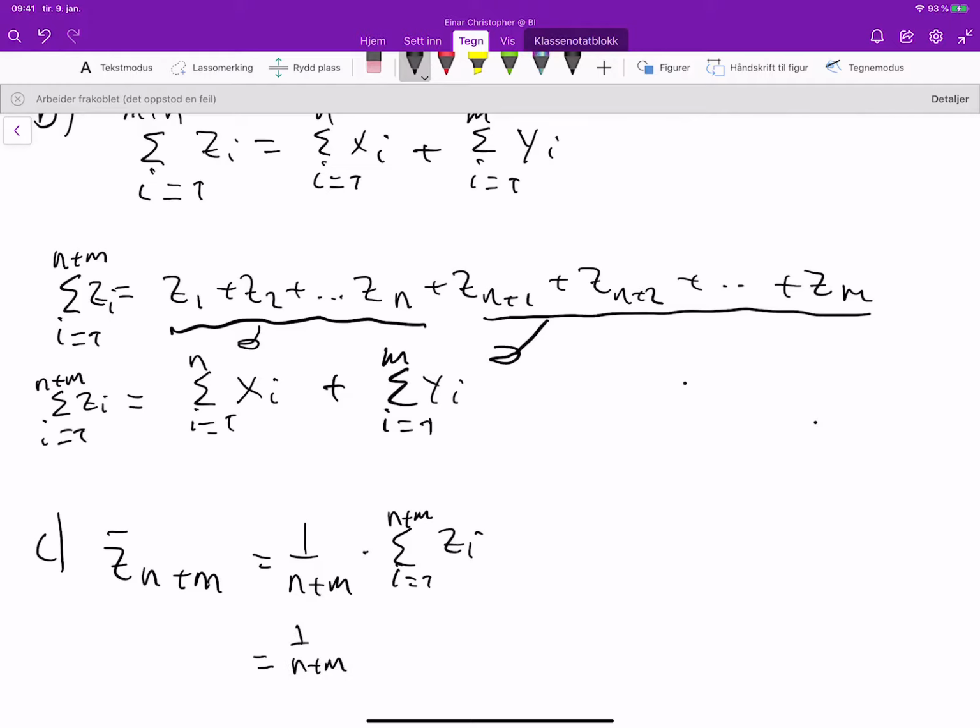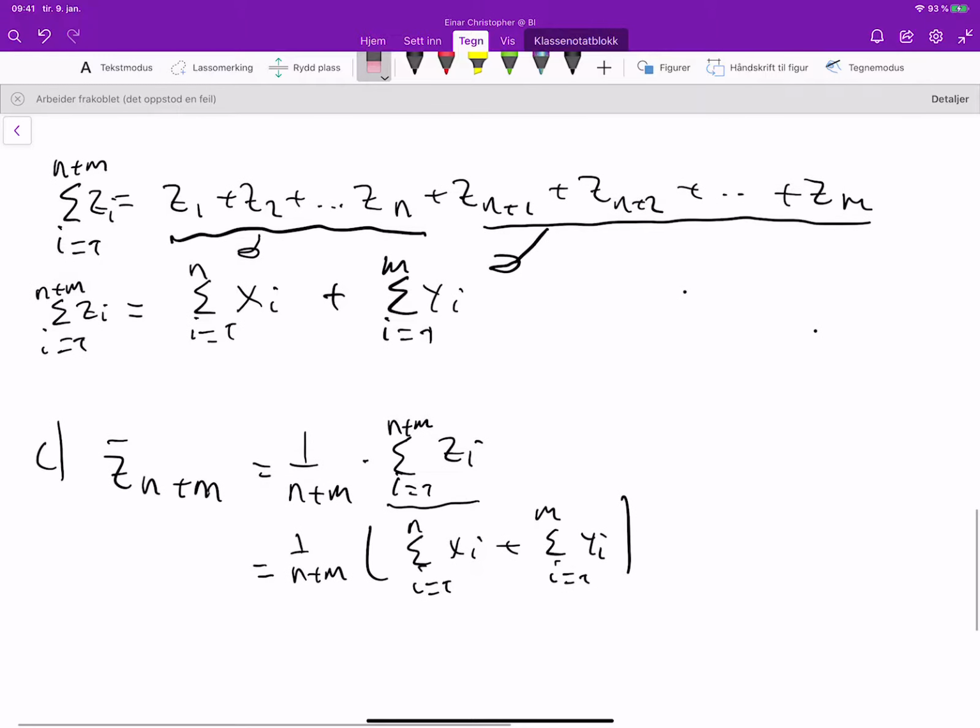And we just showed that the sum of set i is actually nothing else but the sum i equal 1 to n of xi plus the sum i equal 1 to m of yi. This is from exercise 1b above.